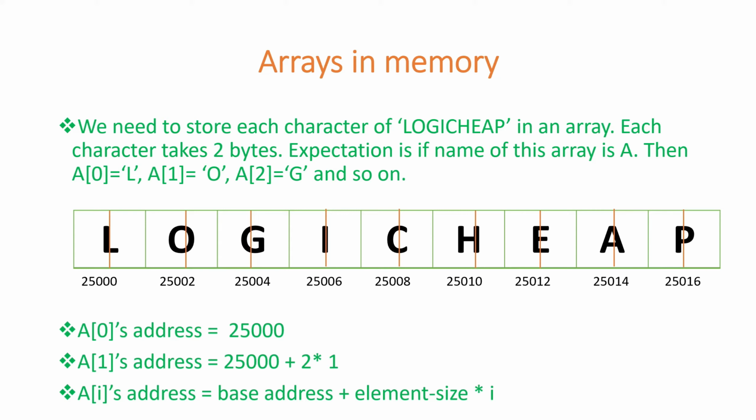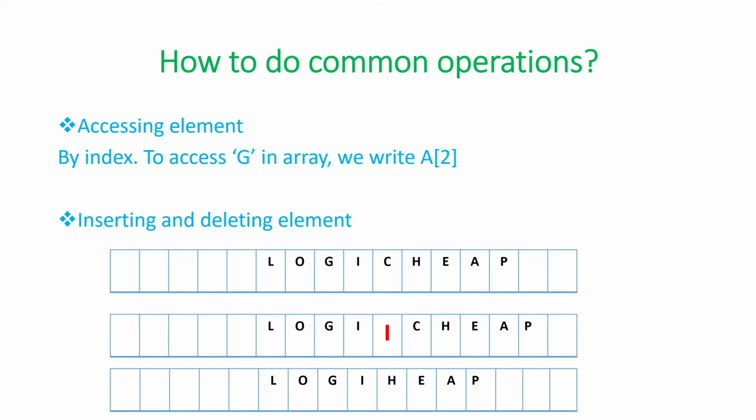When we use this approach, to access an element, the approach is very simple. If you want to access G in array, we simply write A2 because it's going to be the third element. We will simply write A2 and we'll get its value. So we are clear that we can access any element with the help of an index.